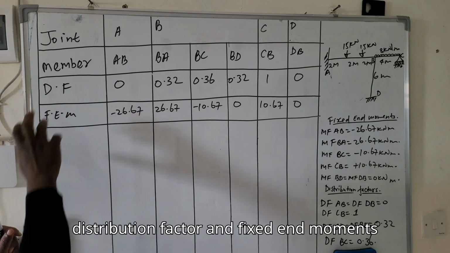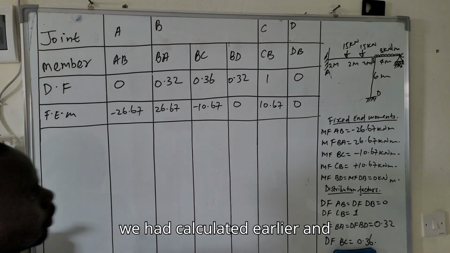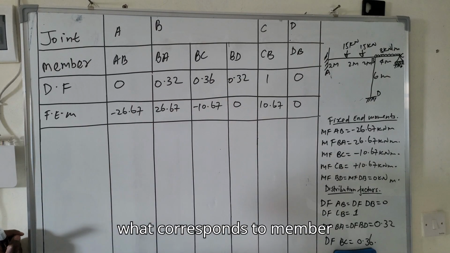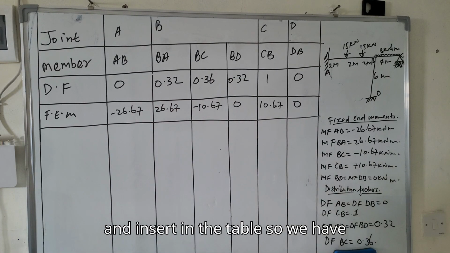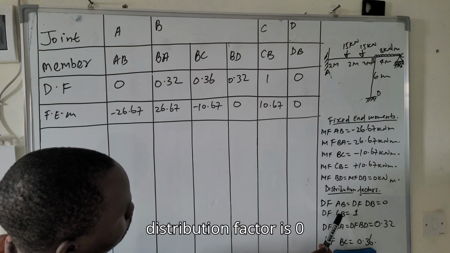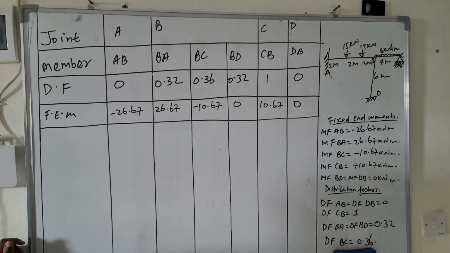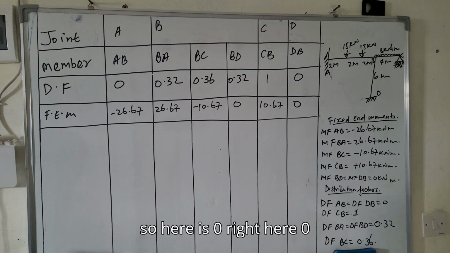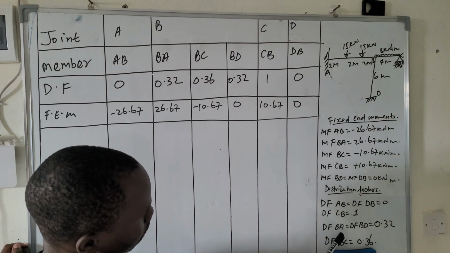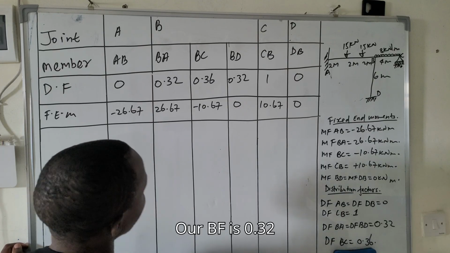The distribution factor and fixed end moment we had calculated earlier, and these are our values. So you just pick what corresponds to the member and insert it in the table. For AB, our distribution factor is 0 because it's a fixed end span. For BA, our DF is 0.32.